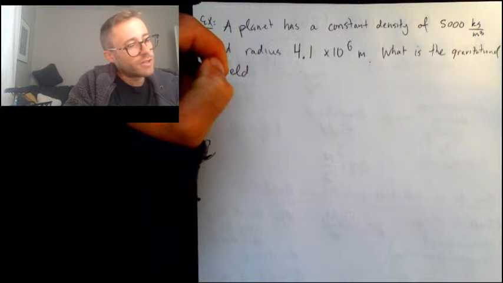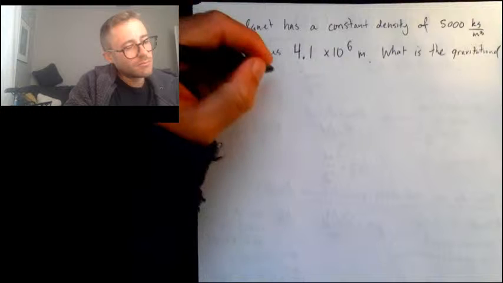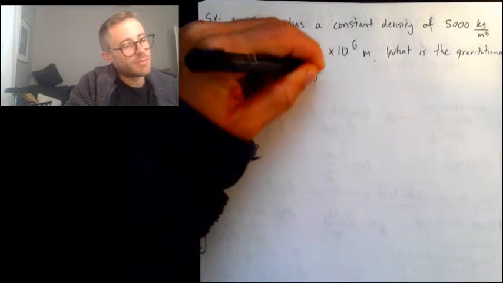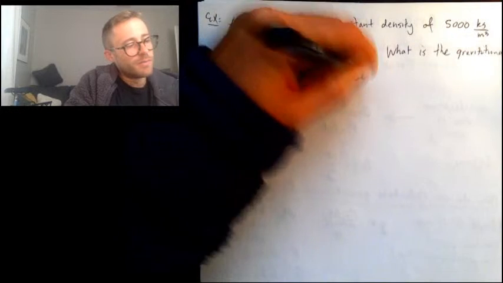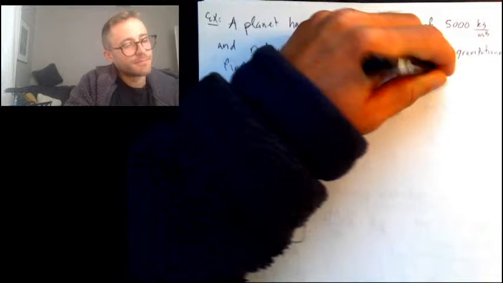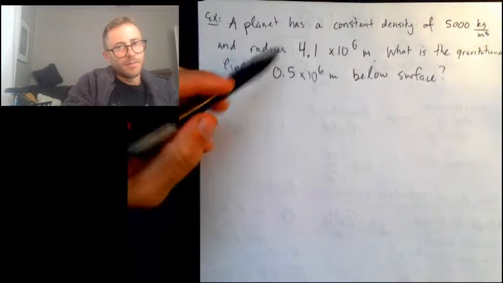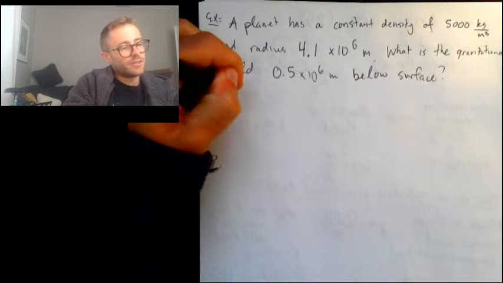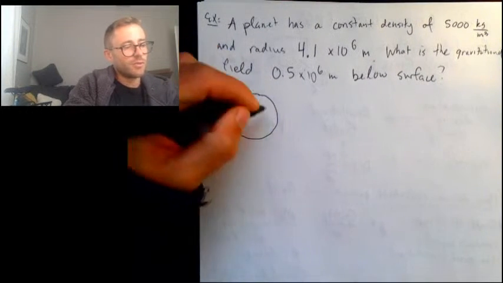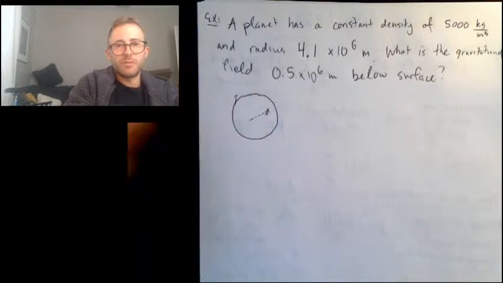Let's say, what is the gravitational field 0.5 times 10 to the 6th meters below the surface? So we go below the surface. So this is exactly like the problem I was just discussing. So you're right here. How far are you from the center of the planet?